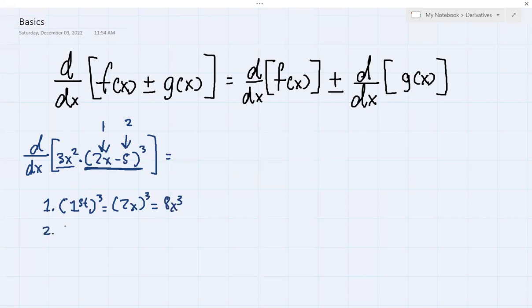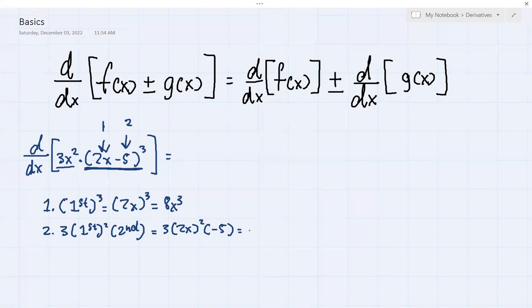Next, the second step, thrice the product of the square of the first term times the second term. Kumbaga, 3 times the square of first term times the second term. So, we have 3 times yung first term mo, which is si 2x, naka-square siya, times the second term, which is si negative 5.